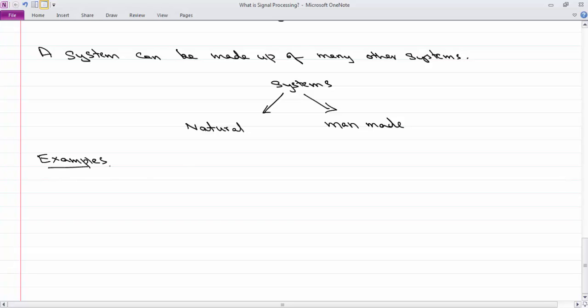So let's look at examples of the two. For example, a natural system is our brain. What's the input to the brain? Electric firings of the neurons and stuff like that from our senses.